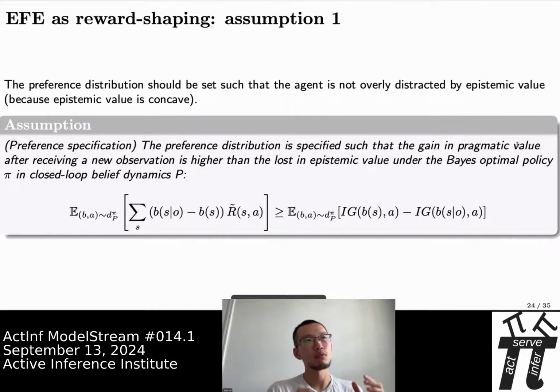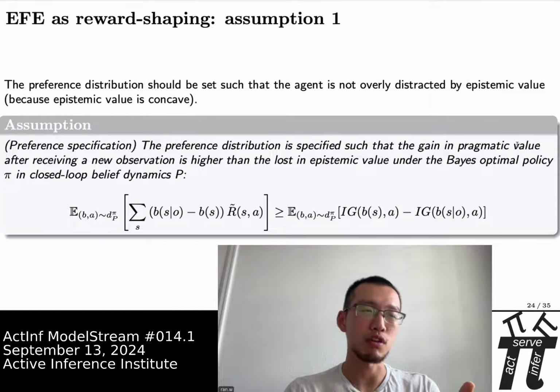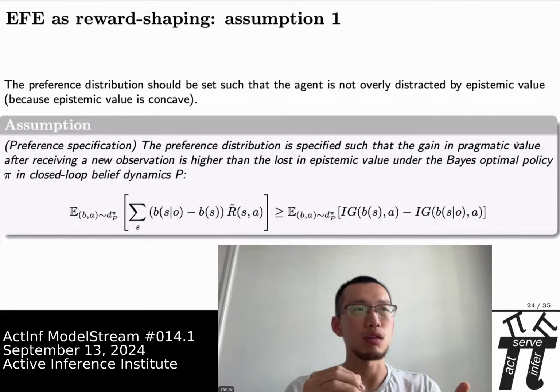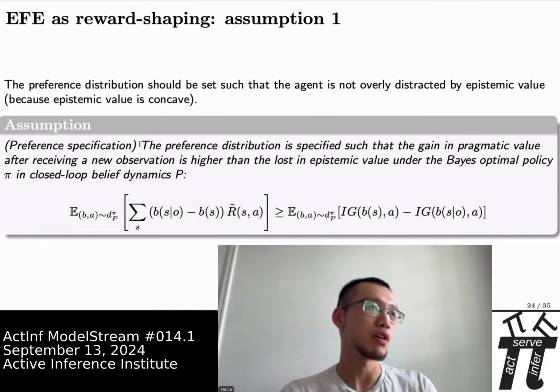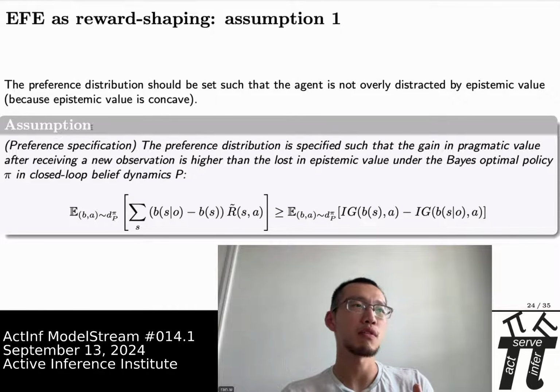To be able to formally show that the EFE policy, which is simply the open loop policy plus an information reward, improves on top of the open loop policy, we need to make a few assumptions. The first assumption is on the preference specification.